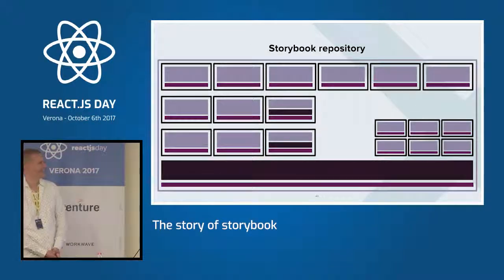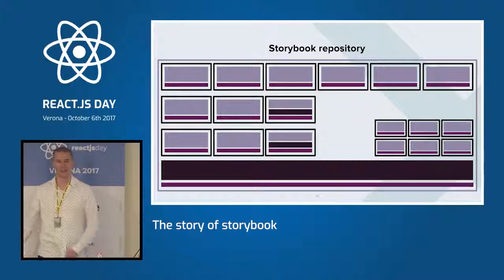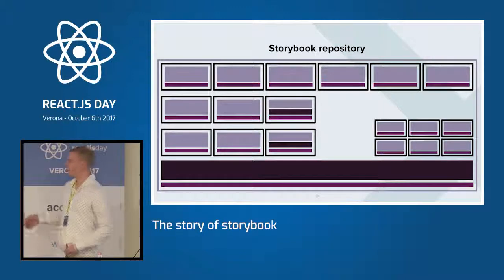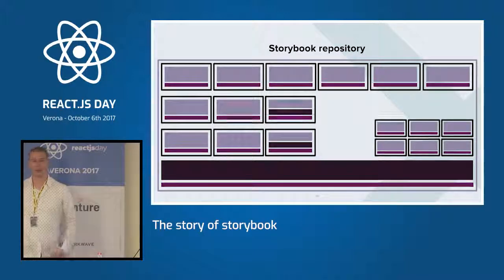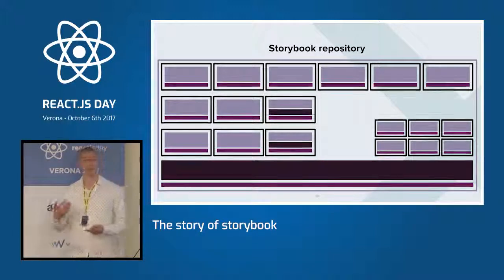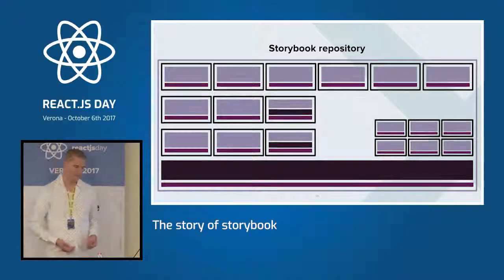This is not everything that is in the Storybook repository, but this is all I could fit on one slide and still have some sanity left. All of these little blocks are NPM modules. Some of them are for add-ons, some for our core libraries, some for our apps, and some for examples.